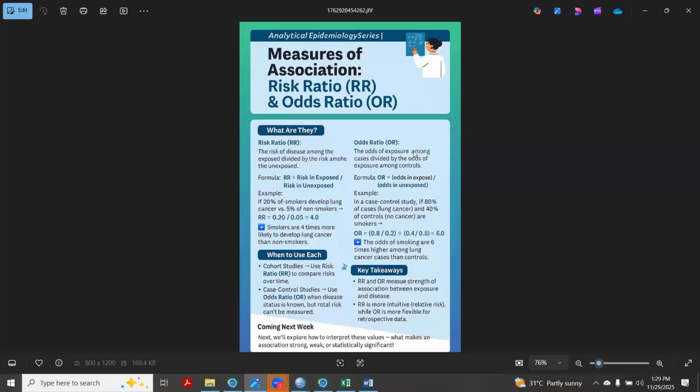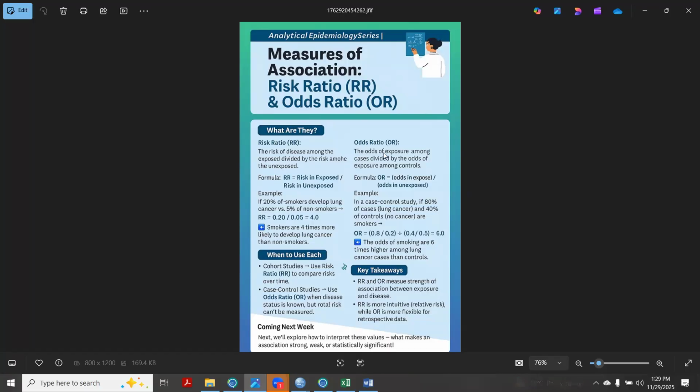The odds of exposure among cases divided by the odds of exposure among control. So meaning that for the odds ratio, whatever disease they are exposed to, it's a probability. You will not be able to beat your chest and say that the exposure caused the disease for sure.